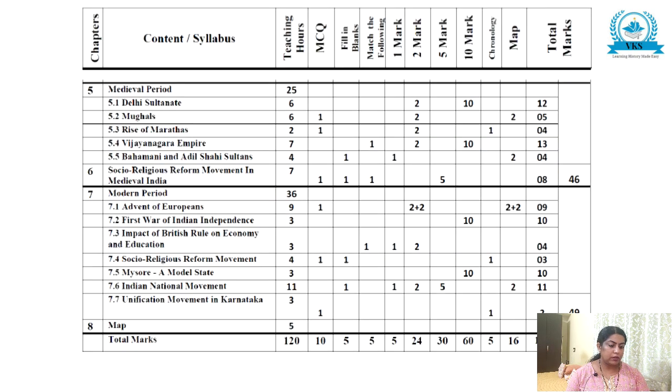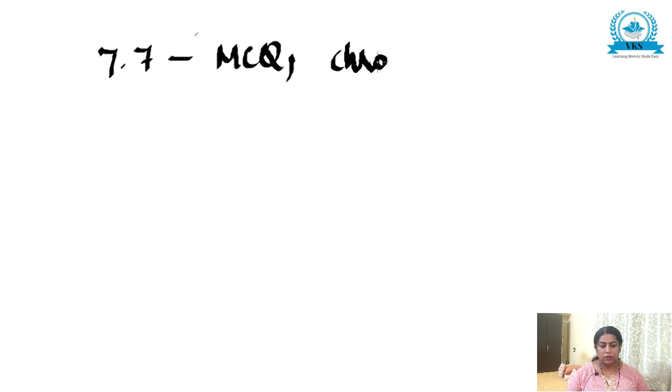Now finally, let us see chapter 7.7, that is Unification Movement of Karnataka. From this chapter, you will have MCQ and chronological order questions.